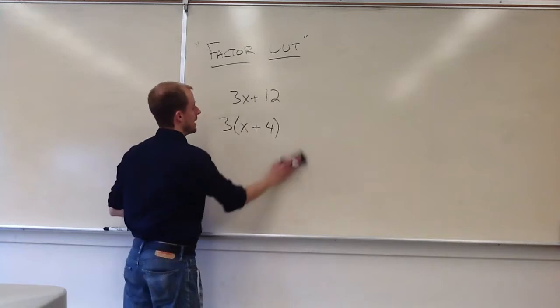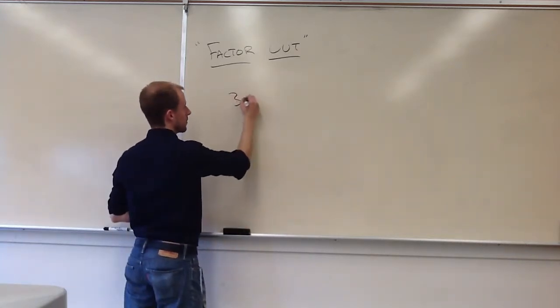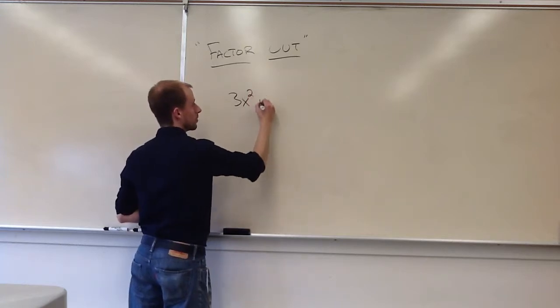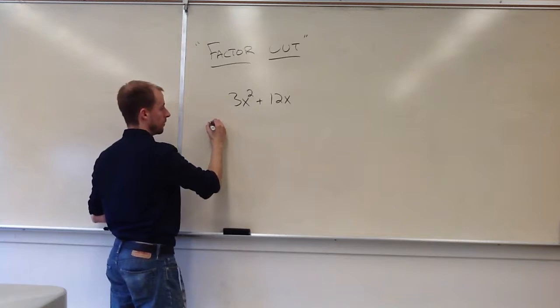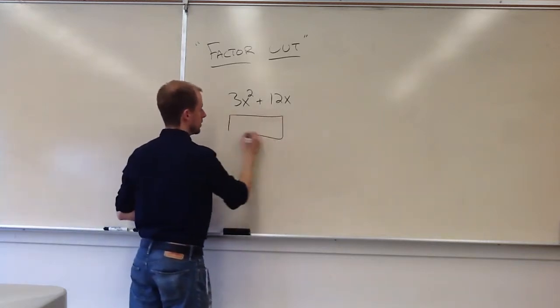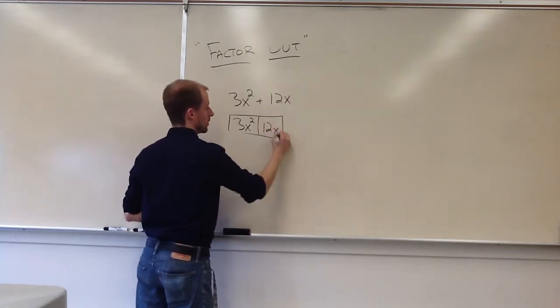All right? But now, what happens if I've got something that's more complicated? Like, what if that was a 3x squared plus 12x? Well, now I'm going to put this in the box just so you can see, but I've got a 3x squared here, 12x here.